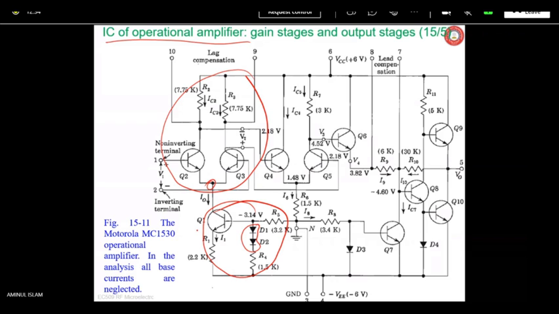What will be the voltage over here? This voltage is nothing but the base of Q1, denoted as VBN1, base to N. This is calculated to be minus 3.14 volt.